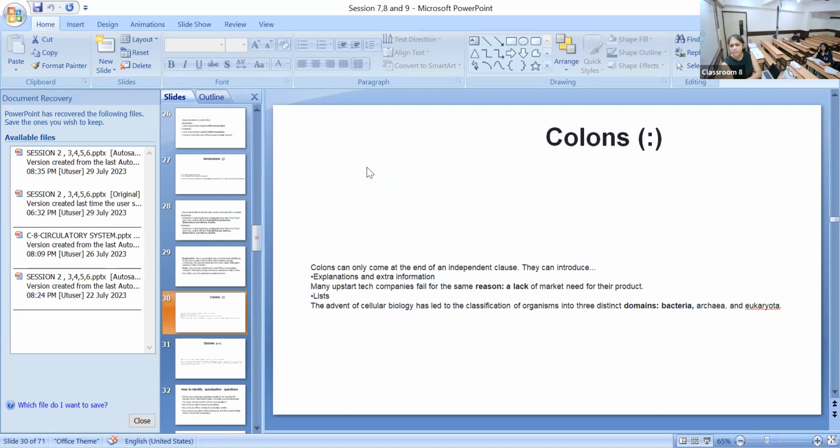Akshita, don't write the example. I don't think you need it. You'll get many examples further. Just that it can come at the end of it.